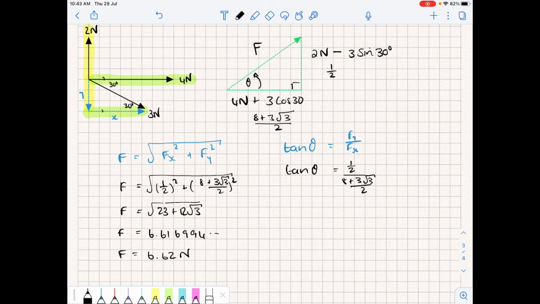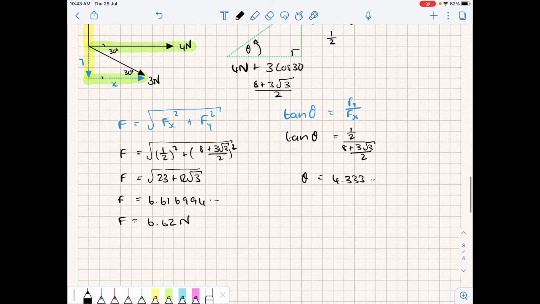Now we'll go tan inverse, and that's going to give us theta equal to 4.333 degrees. We want to round to 1 decimal place, so we'll get 4.3 degrees.